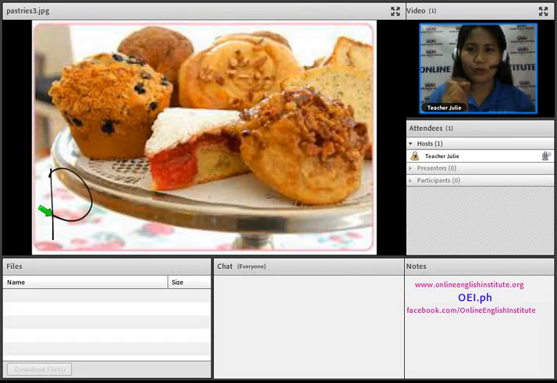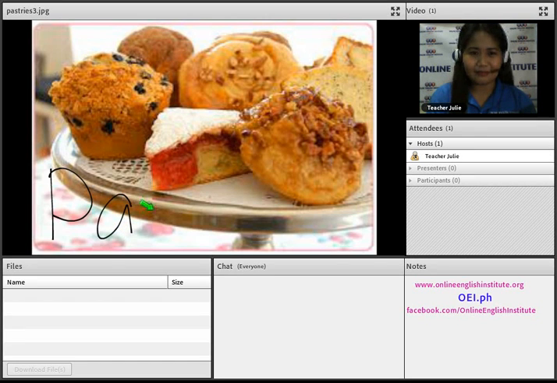These group of foods are sweet. Okay. Any idea now? So I'm going to tell you the answer. It's what you call pastries. Yes, pastries.